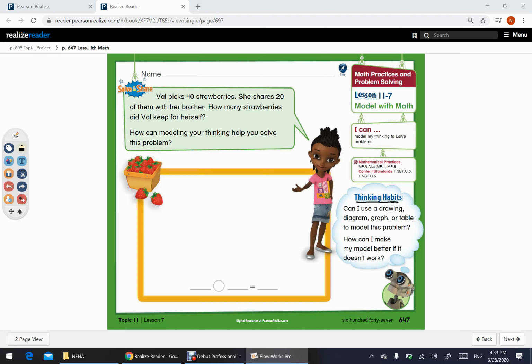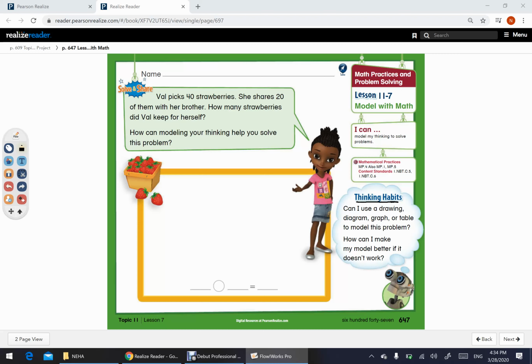So in this lesson, you will continue the same thing. We will do subtraction, but we will model the problem. How will we model the problem? By drawing pictures or using objects or using any of the strategies, and then we will write the equation for the drawings that we have made, and then we will solve it. You understand?